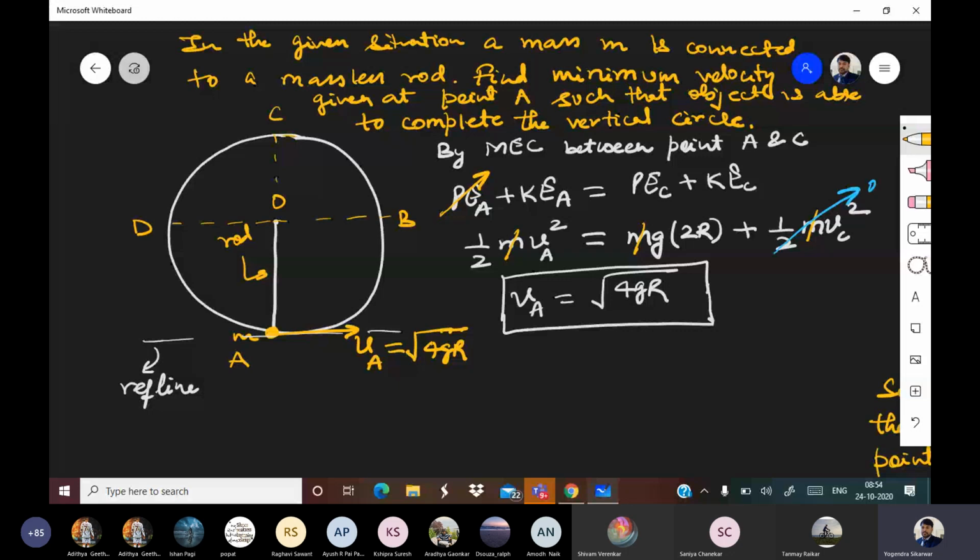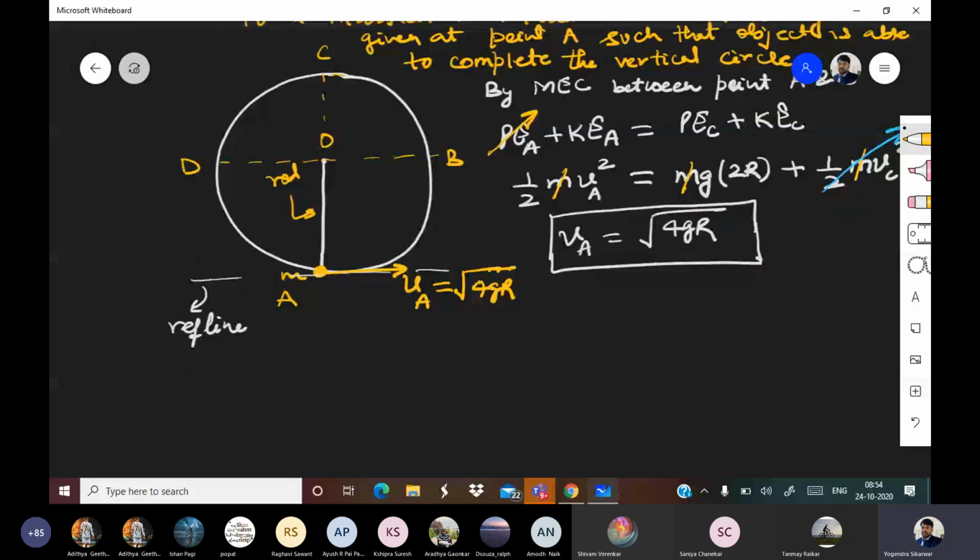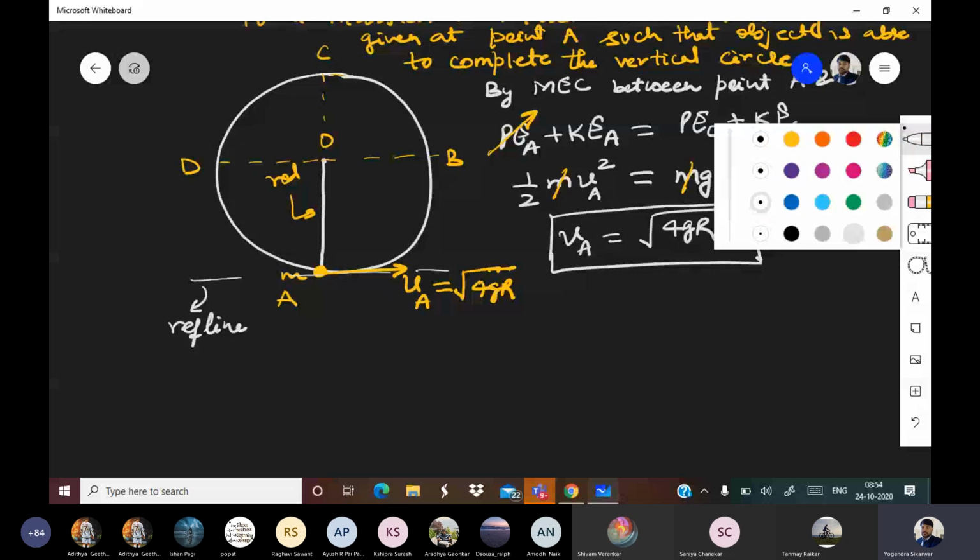I cannot give you so much time. In the last class, I told you in every quarter circle, as we go up, velocity is reduced by 2gr within the root. So VB will be root of 4 minus 2, that is root 2gr.